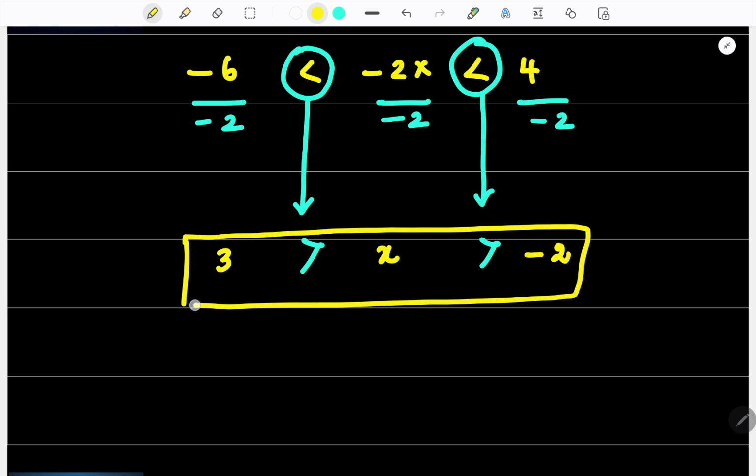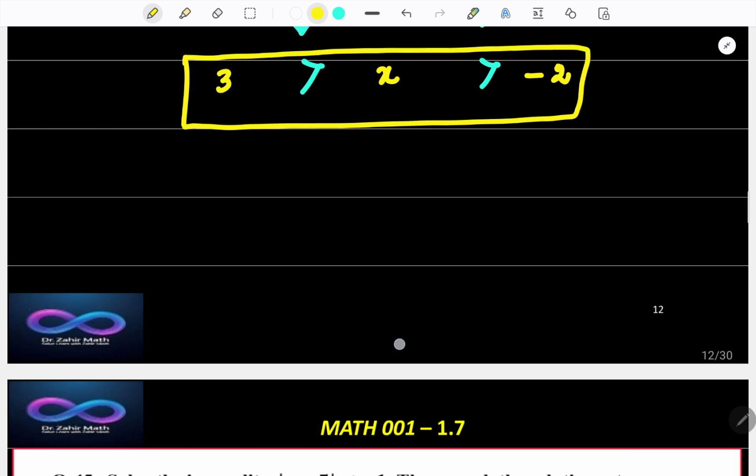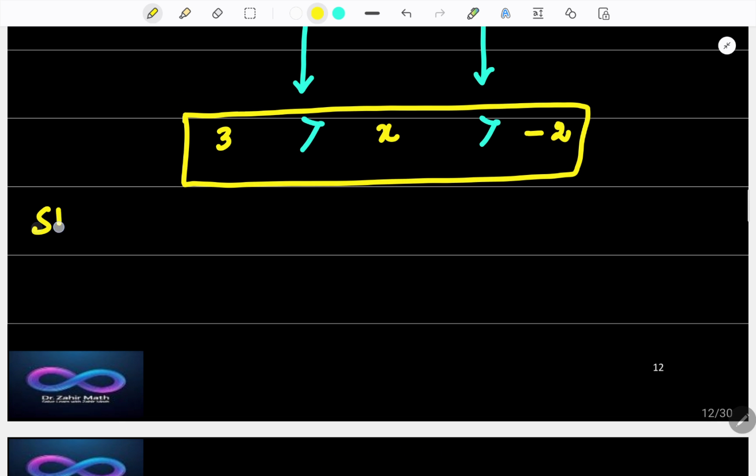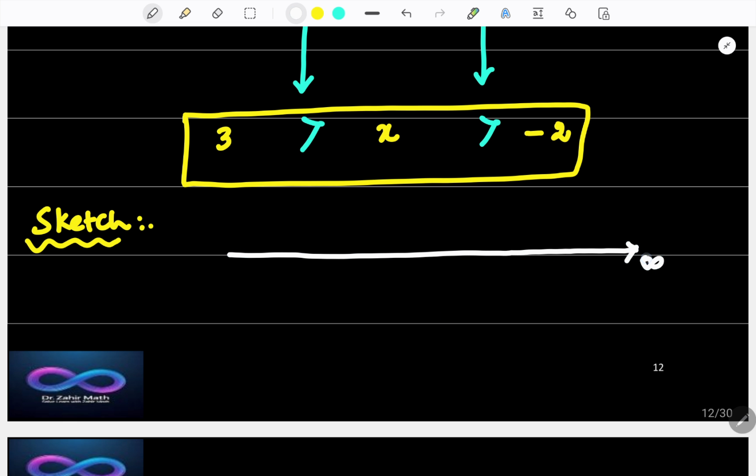So we are going to sketch this one, and you should be very careful because of the more than. Let me draw the line. This is your infinity and this is your minus infinity. You just divide this into two parts. X is more than minus 2, where the mouth is open towards x.